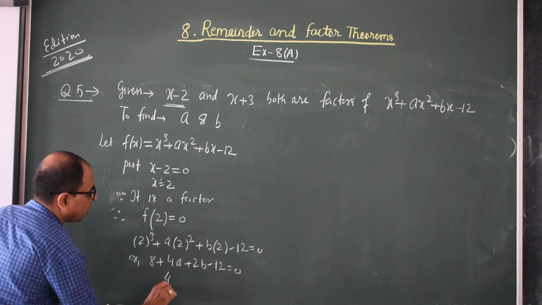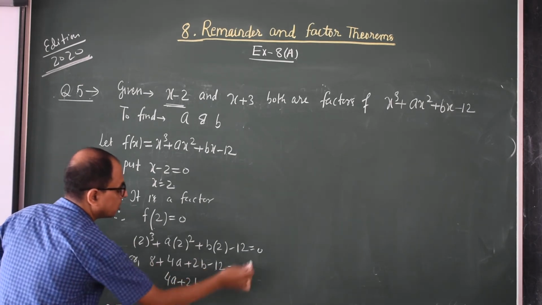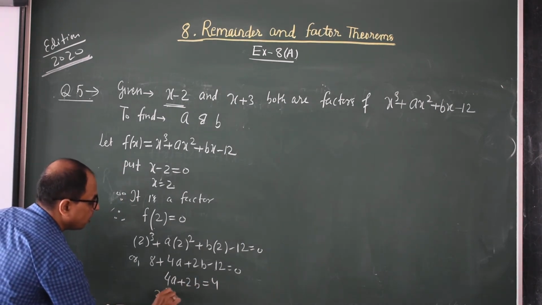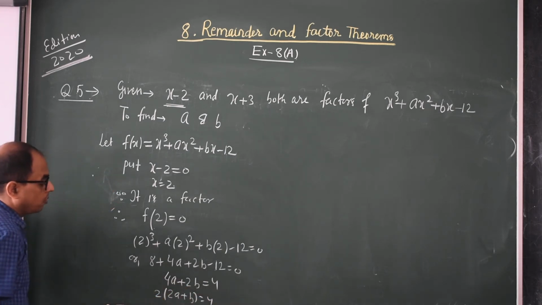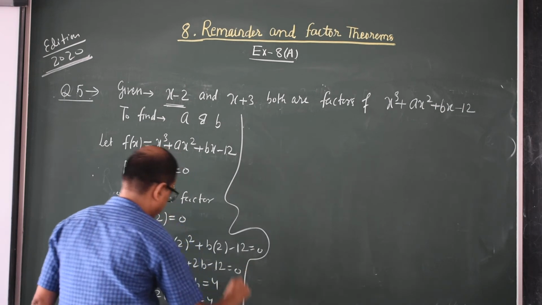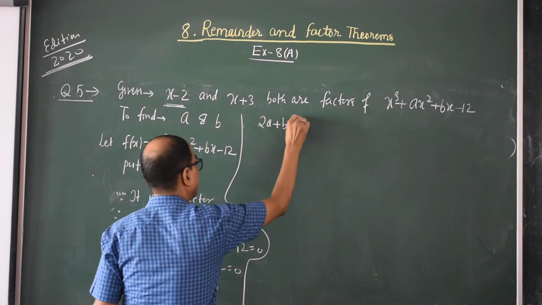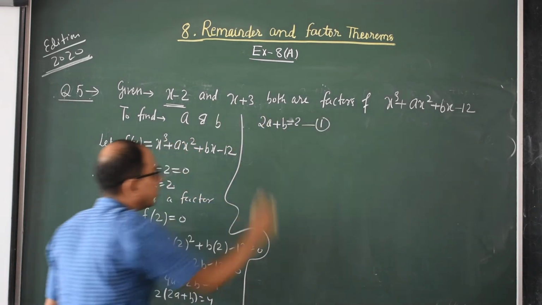So 4a plus 2b is equal to 12 minus 8, that is 4. Taking 2 common, it will be 2a plus b is equal to 2. This is equation number 1.